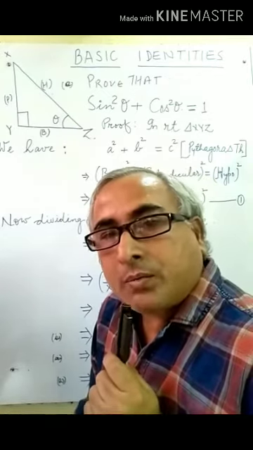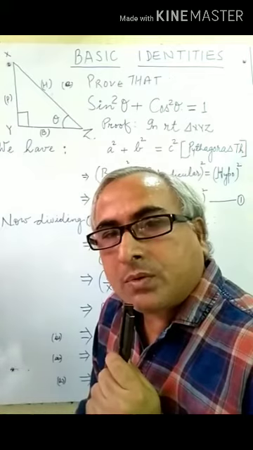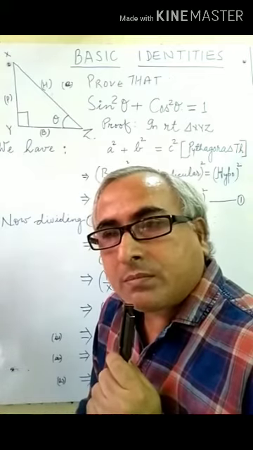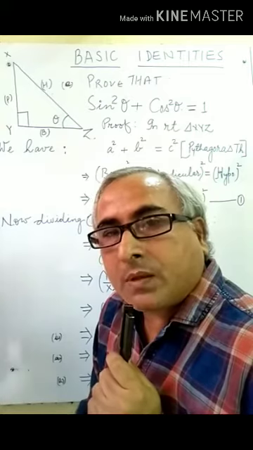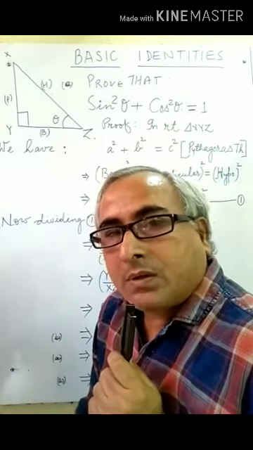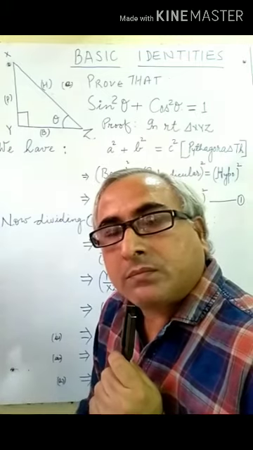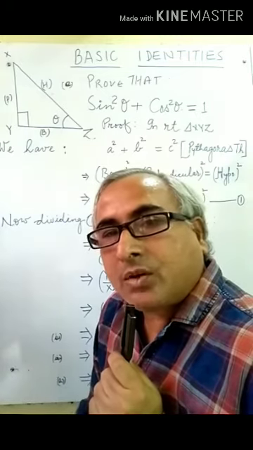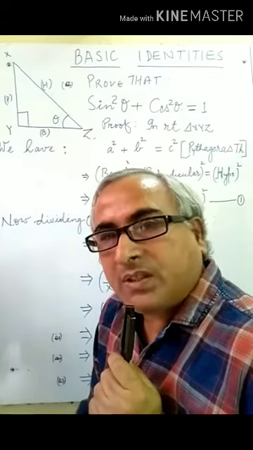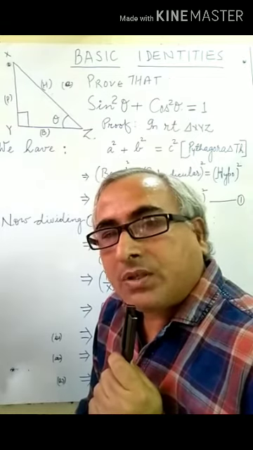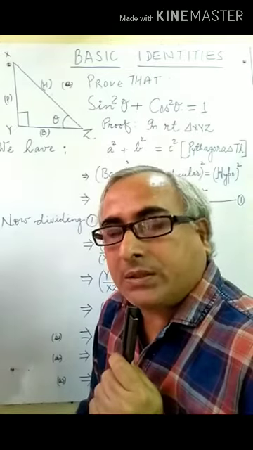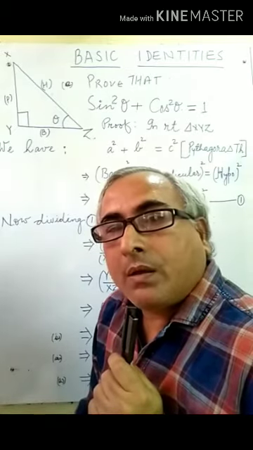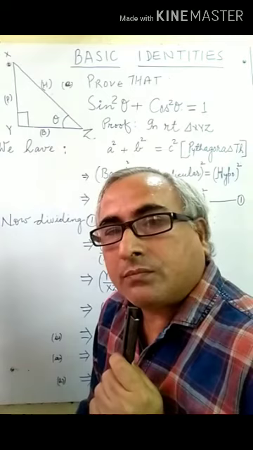We have also studied their relations: sine to cosec, cos to sec, tan to cot, sine and cos to tan theta, cos and sine to cot theta. In this way we have studied.